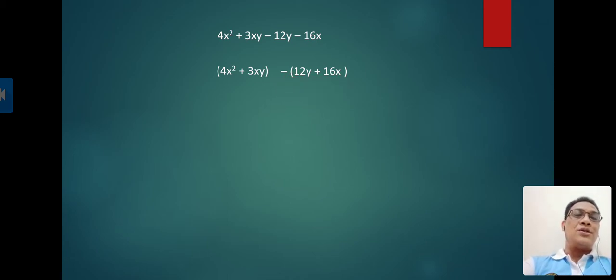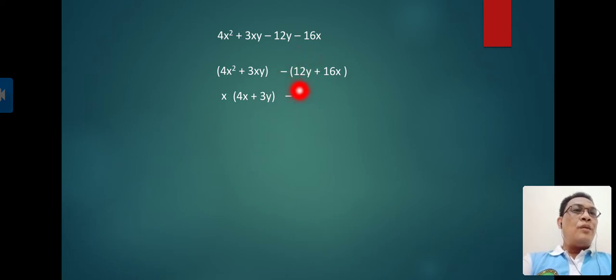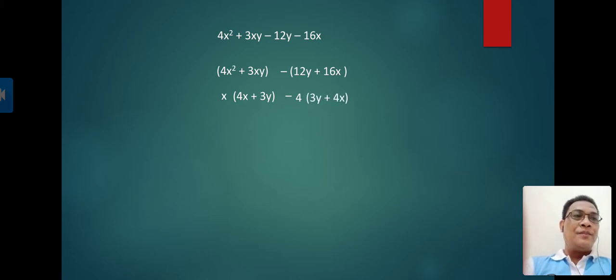On the first group, we have a common x. Again, we divide x from your first group, so we have 4x plus 3y. Minus, the common factor from 12 and 16 is 4, and that leaves 3y plus 4x.